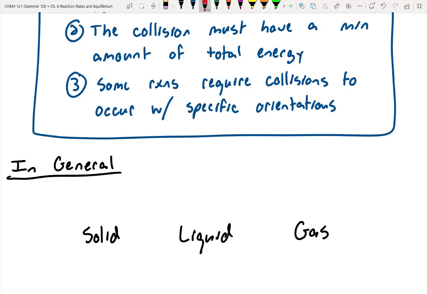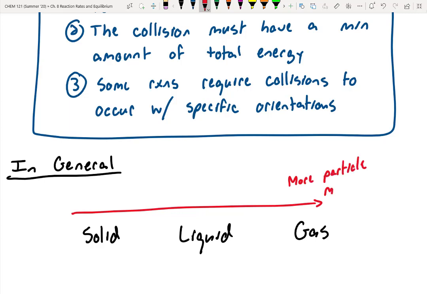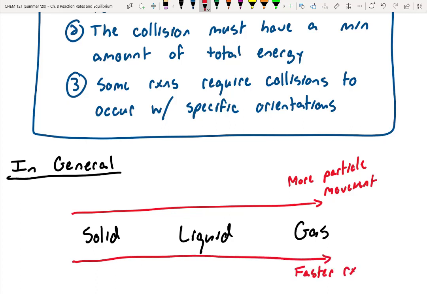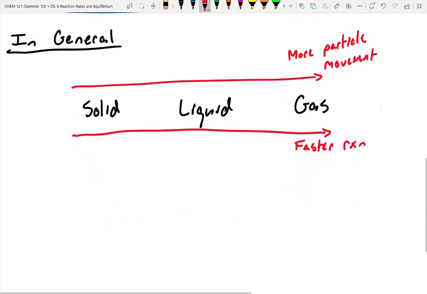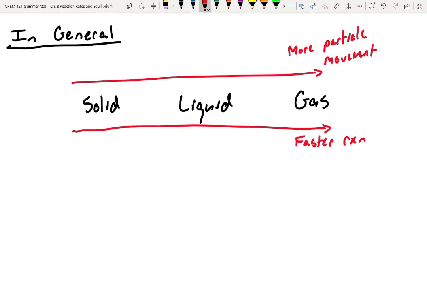Well, what I would do is I'd say, well, gases we know have more molecular movement. So I would just write this here. So more particle movement. They're going to be zipping around at much faster rates, which in turn means that these will have faster reaction rates, right? So solids typically have slower reaction rates.